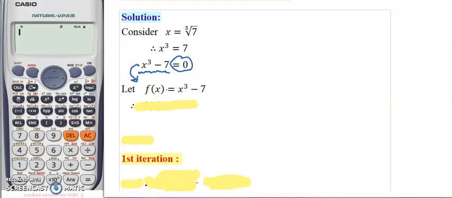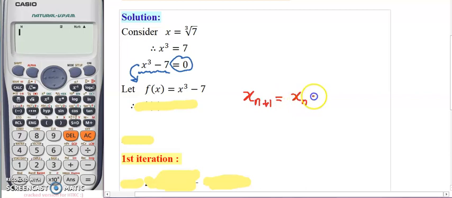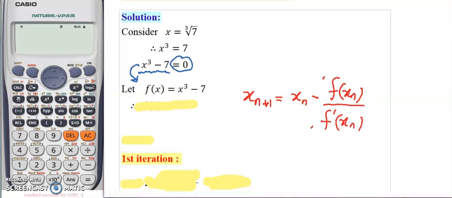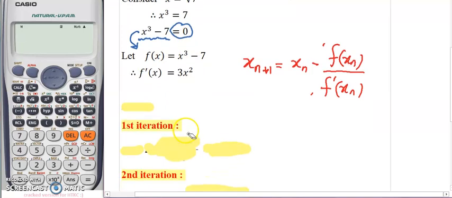Then, based on what we know in the Raphson method formula, let's recall: x(n+1) equals xn minus f(xn) divided by f prime (xn). Based on this formula, we need to identify f and also f prime. Therefore, the next thing we're going to do, after we identify f(x), is to find f prime.